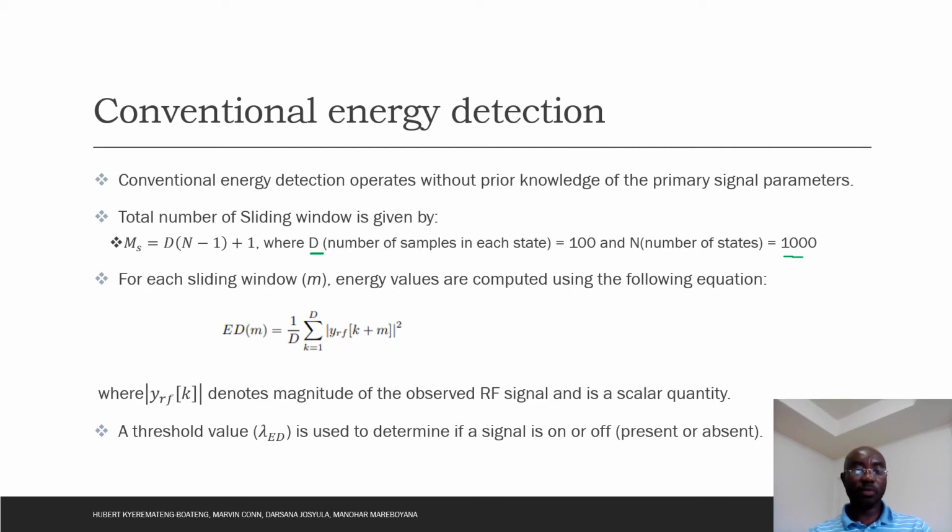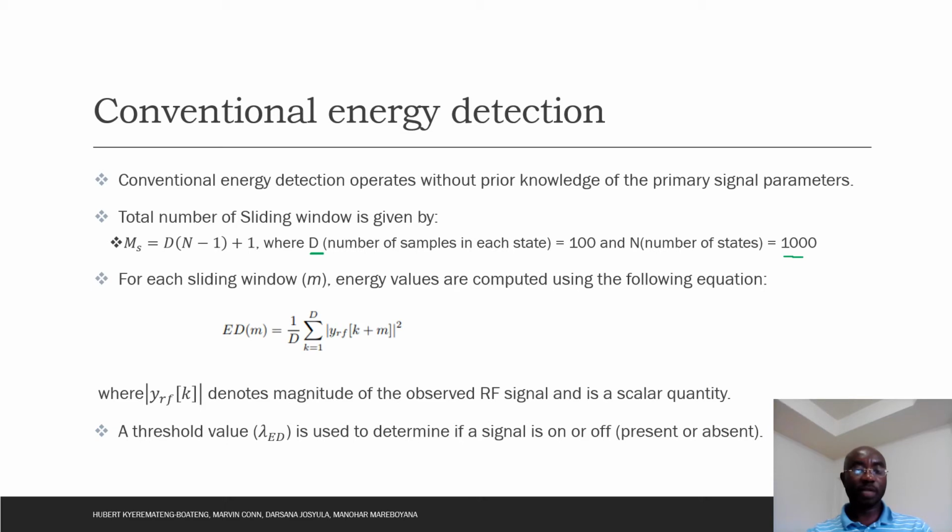For each sliding window m, energy values are computed using the following equation, where YRF K denotes the magnitude of the observed RF signal and its scalar quantity.